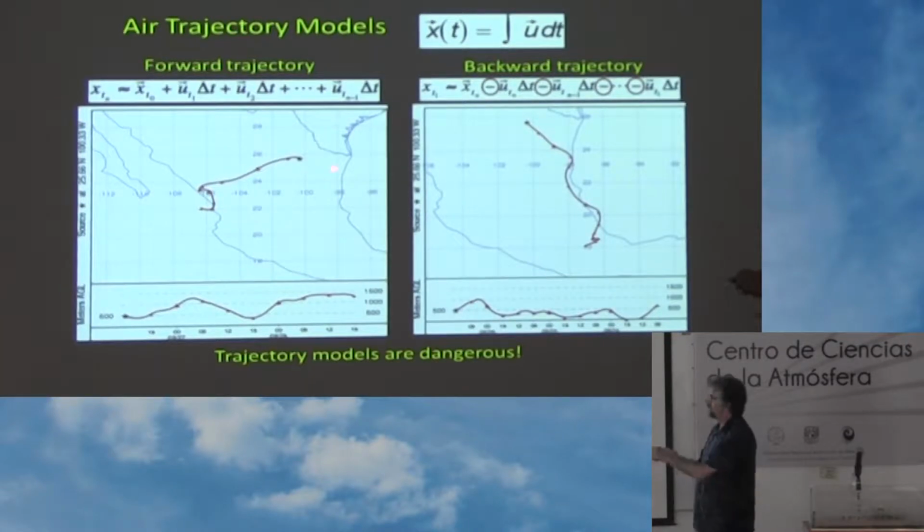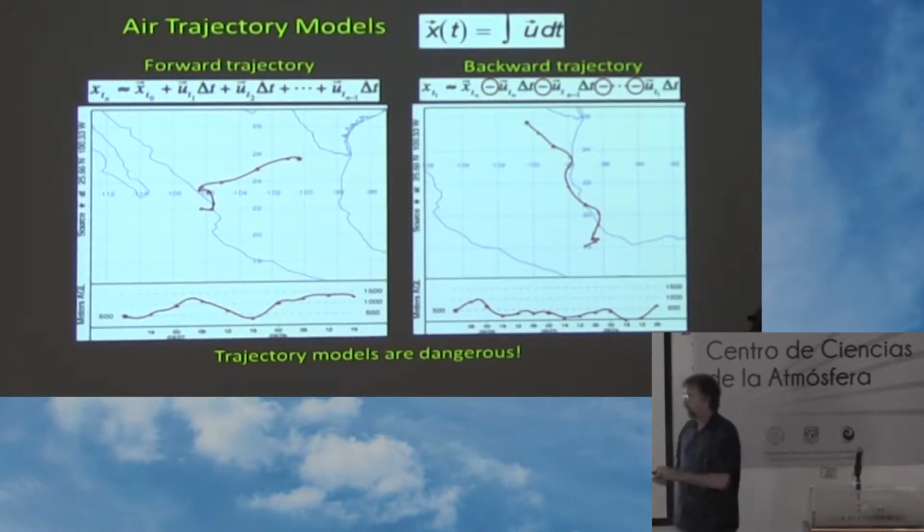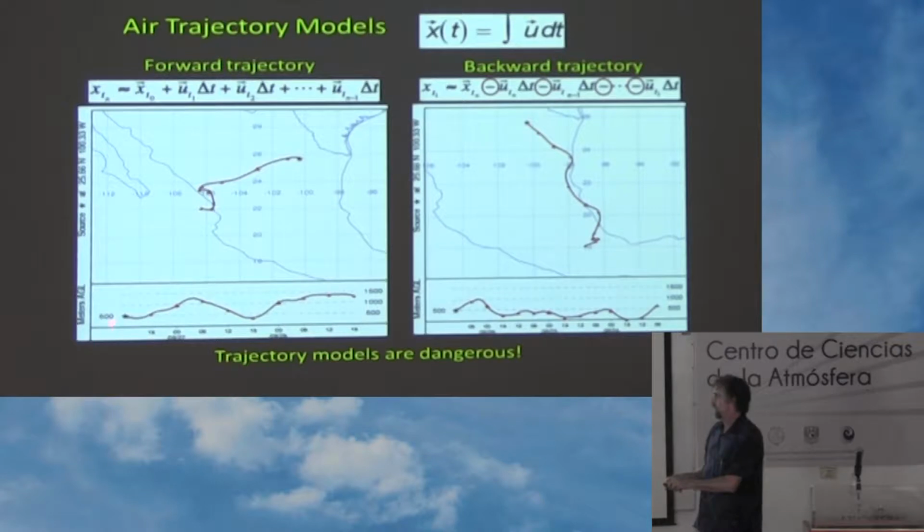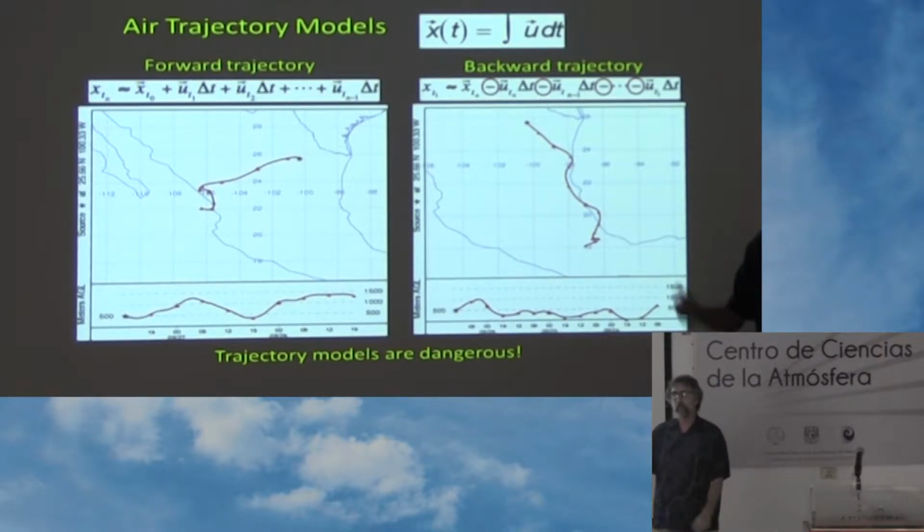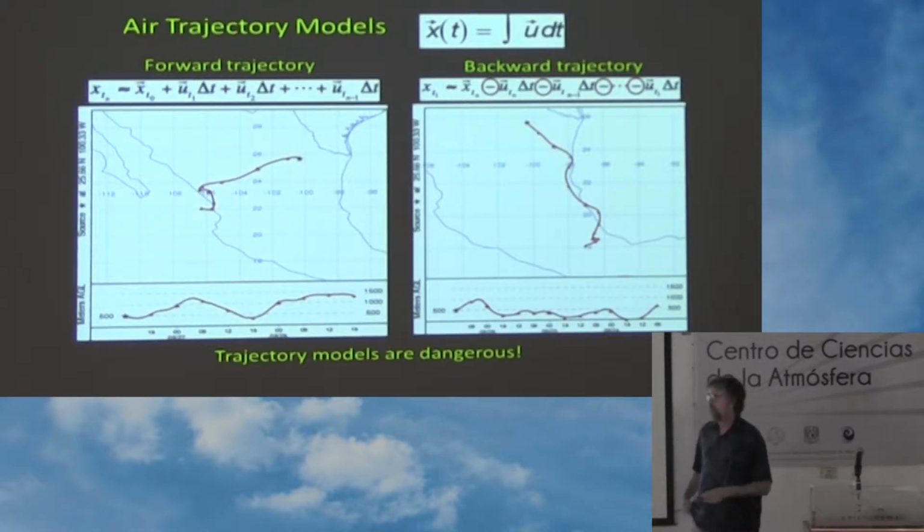So this is a two-dimensional representation. Here's the third dimension. So this trajectory, just a sample, was programmed to begin at 500 meters above the ground. So as it moves towards the southwest, it rises a little bit, and then it sinks. And so you have the vertical component and the horizontal component.